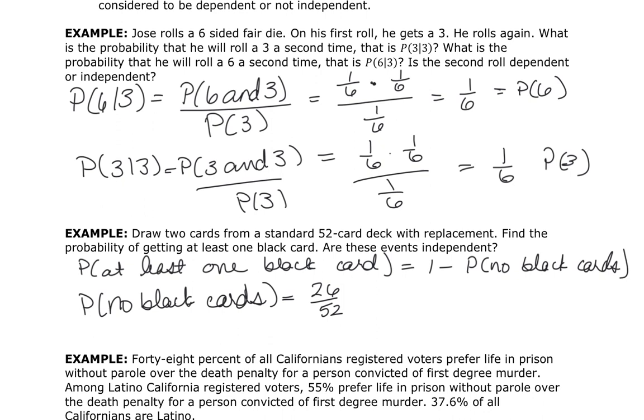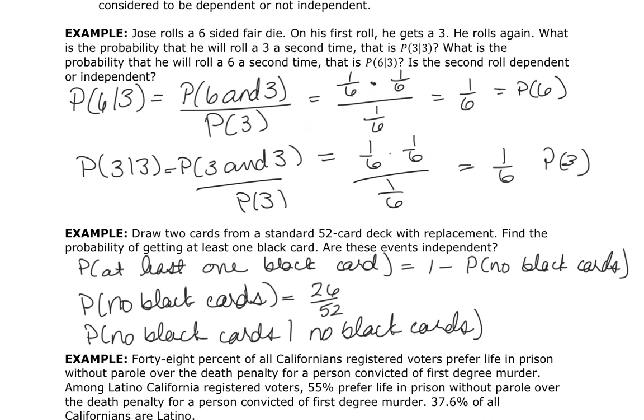Since this is independent, the probability of no black cards on 2 draws, so no black cards on the second draw, means that this is going to be the multiplication of no black cards twice.